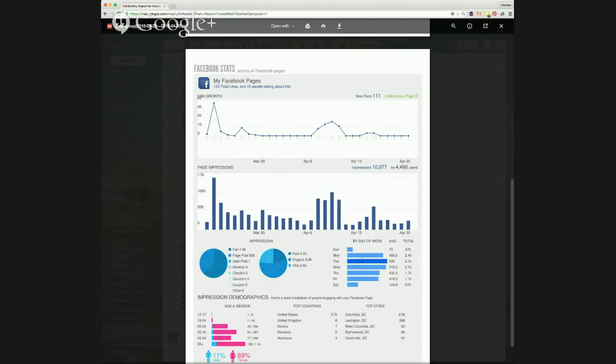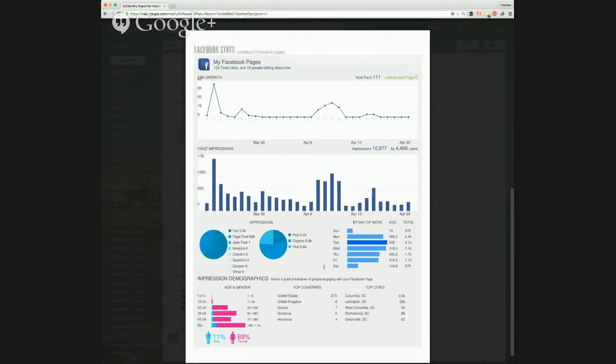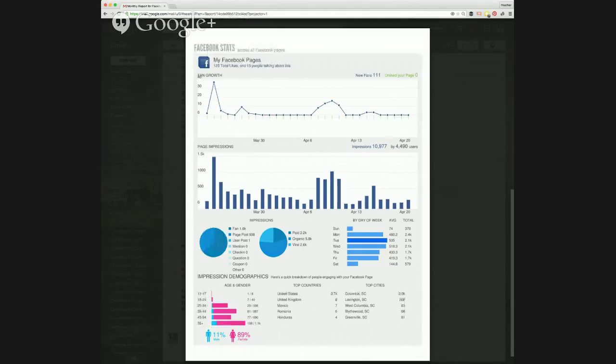You can tell that Monday, Tuesday, and Wednesday seem to be the days that have the highest connection with the audience that's currently coming to the page. You can see that the color here indicates whether it was paid, organic, or viral.